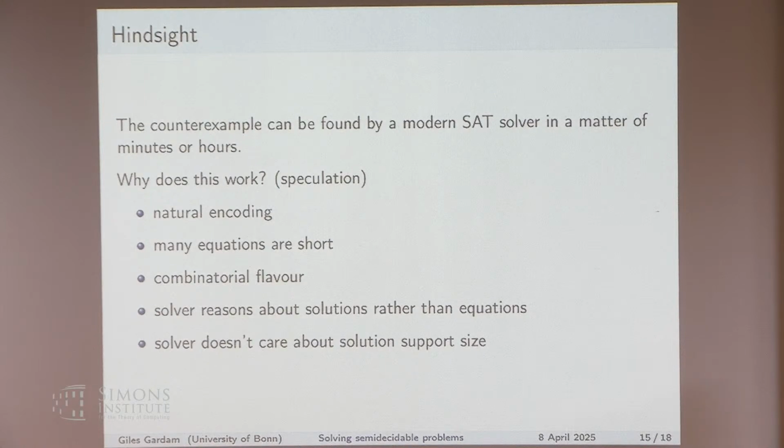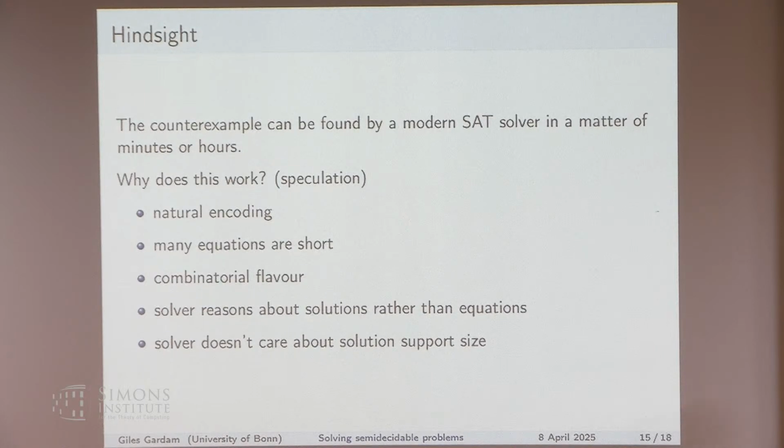But the key thing is that the fact that this set has size 21 is not really relevant, whereas other approaches to construct these counterexamples that involve some sort of combinatorial enumeration are just doomed to fail, because as far as I know, this 21 by 21 solution is the smallest there is, and the number of possibilities you have for drawing up this 21 by 21 multiplication table and pairing things up is just astronomical. So 21 is too big for other approaches, but the SAT solver doesn't really care if the support is size 10, 20, 40, and so on.